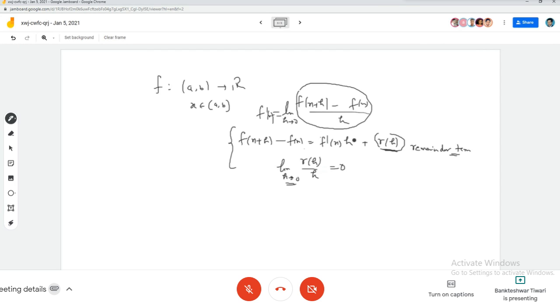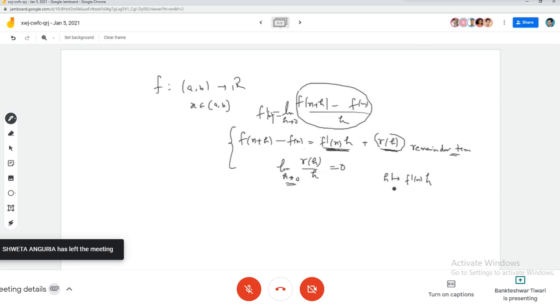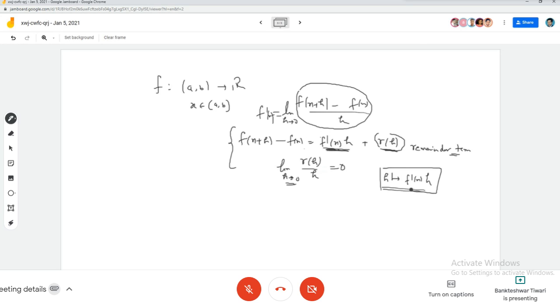And instead of saying this derivative as a number, we will say that derivative is actually this linear function which sends this h to f'(x)h, right?